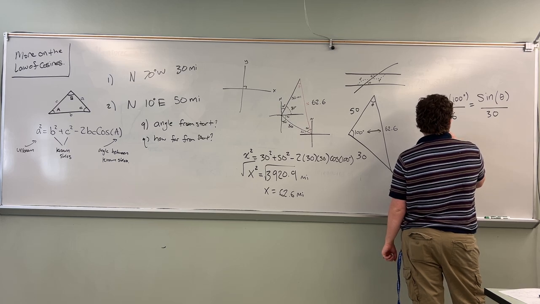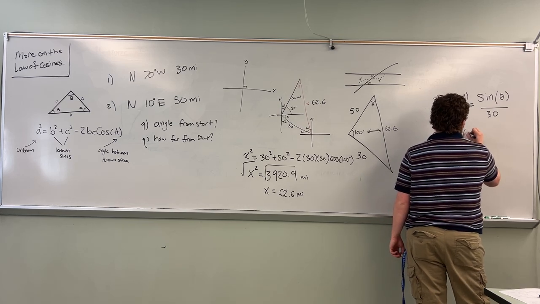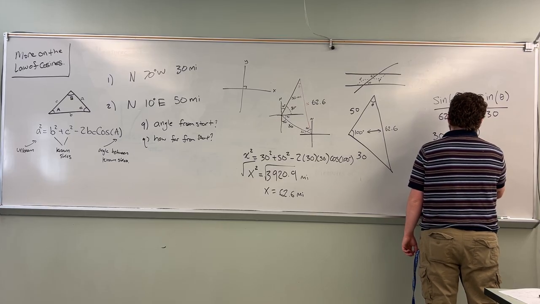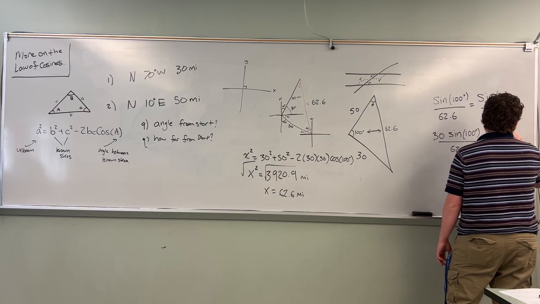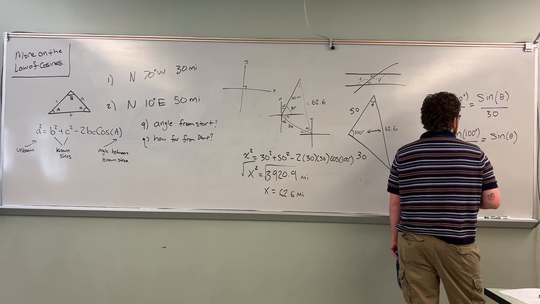Multiply 30 over here, I get 30 sine of 100 degrees divided by 62.6 equals sine of theta. And I just go over to the other side.